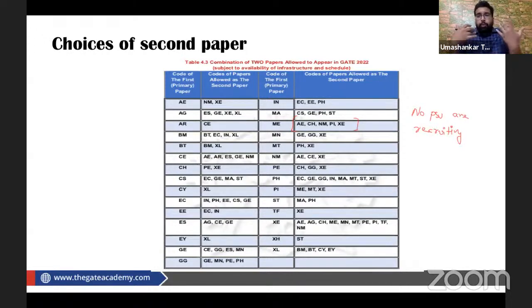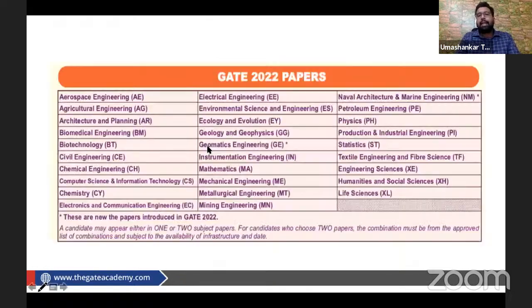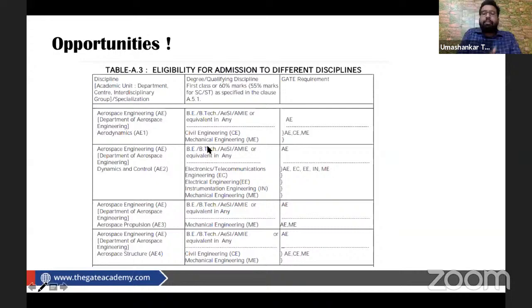Now, then why should we fill the second paper? What opportunities lie ahead of it? For that, I have taken last year's admission procedure of IIT Bombay. If you aspire to take admission in aerospace engineering, for example, you must have given your GATE paper in ME or in AE.